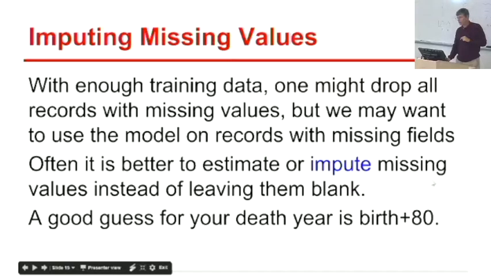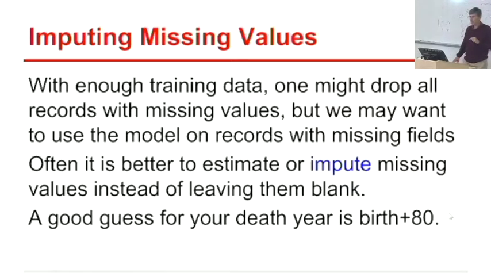So usually I will claim it is good to estimate things, okay, instead of leaving them blank. And for many cases, the estimate can be done in a principled way, based on what you know about the world. So in one data set we were working with on historical figures, we needed the death year of people. And so we needed to know what was Justin Bieber's death year going to be. Do we know that?